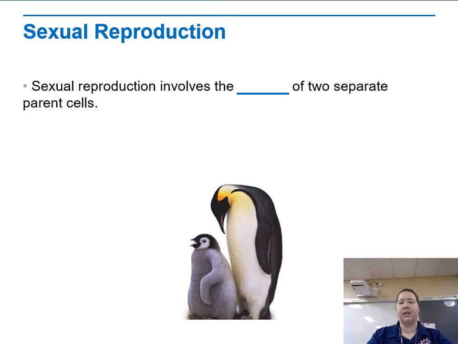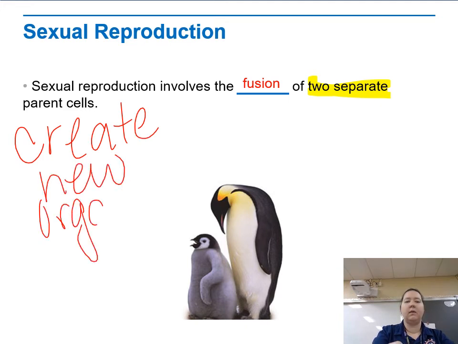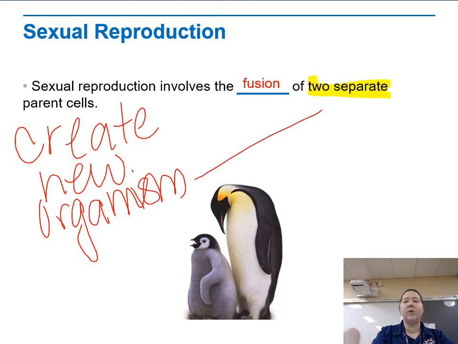Sexual reproduction, however, is also going to create a new organism, but it requires two separate parent cells coming together.